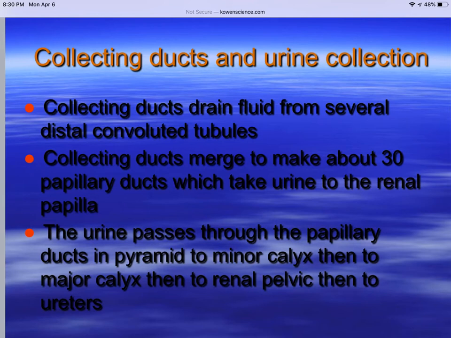The papillary ducts are going to be located near the renal papilla, which is the tip of the renal pyramids. Then the urine will pass into the renal papilla, and from that into the pyramid, to the minor calyx, to the major calyx, to the renal pelvis, and then to the ureters.